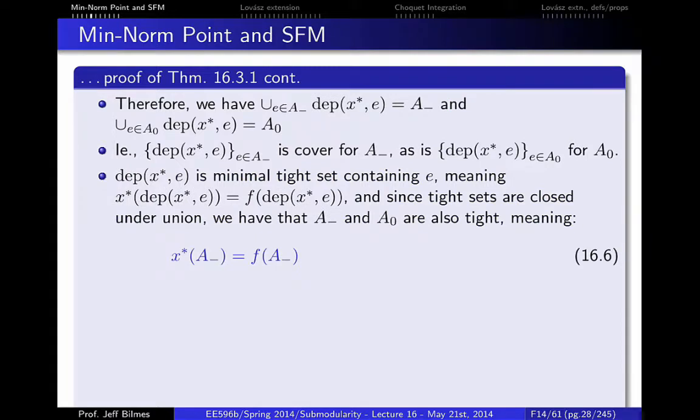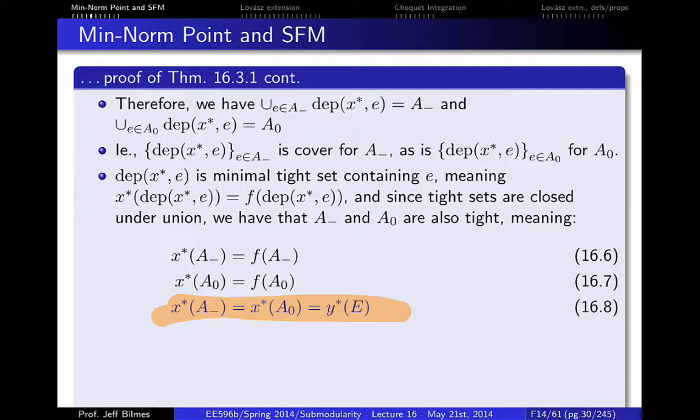And what does tight set mean? It means, well, that this is really cool, that x star of A minus is equal to f of A minus, and x star of A naught is equal to f of A naught, since both of them are tight. And from just the way that we defined y, remember we have this property. Because basically y of e, we're evaluating y on all of the elements e, but basically y has all of the positive elements truncated to 0, or floored to 0. So therefore we can freely evaluate y on all of the other elements.